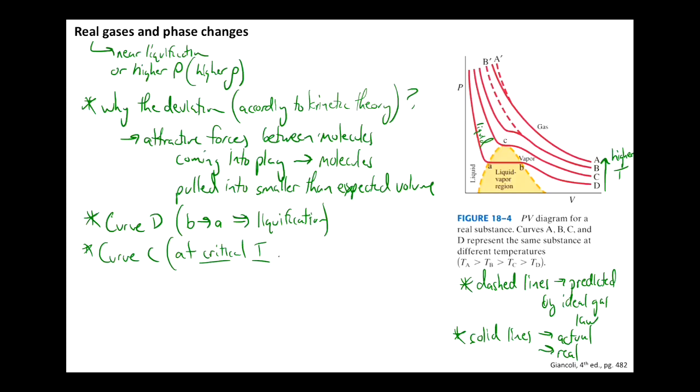At this critical temperature, we can say that at temperatures lower than the critical temperature, we can have liquefaction with enough pressure. And at temperatures higher than the critical temperature, no liquid at any pressure. It's just not possible to convert that gas over.